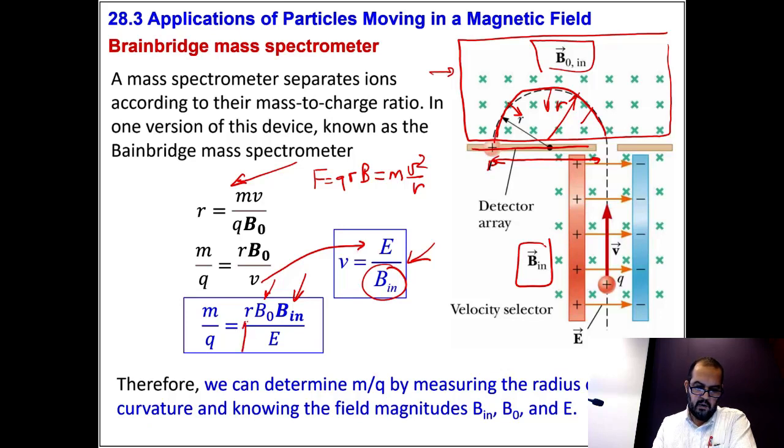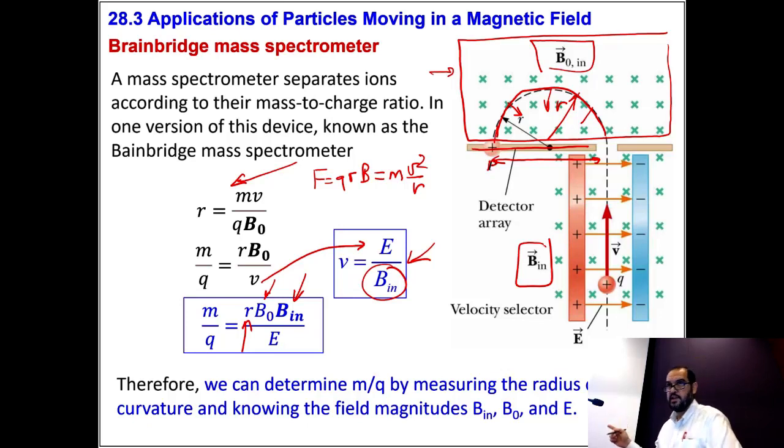So R you can measure in this spectrometer. Okay, and B0 and Bn are known. These are magnetic fields that we can set, and the electric field is known.